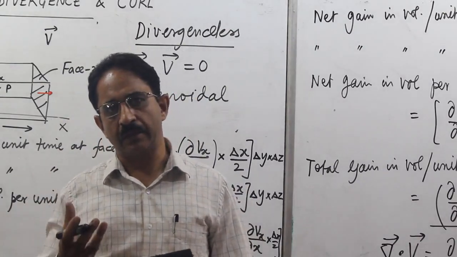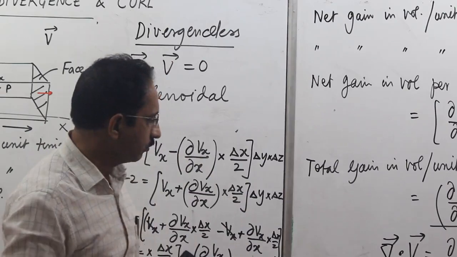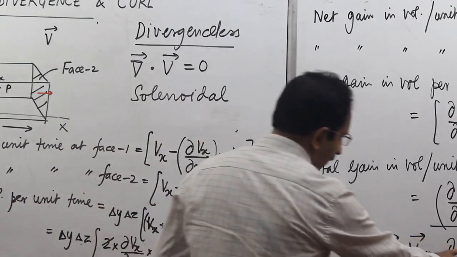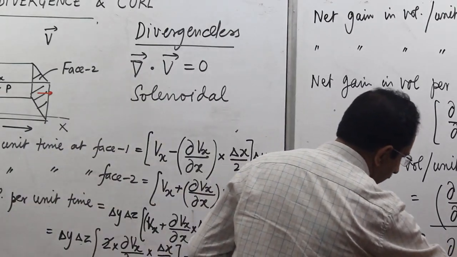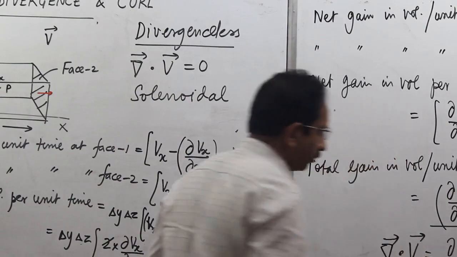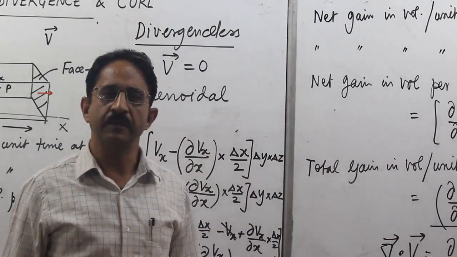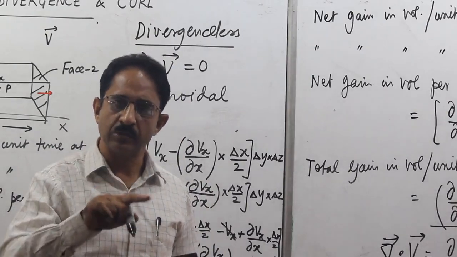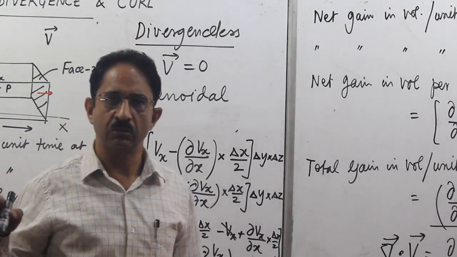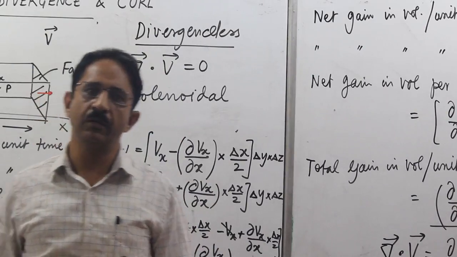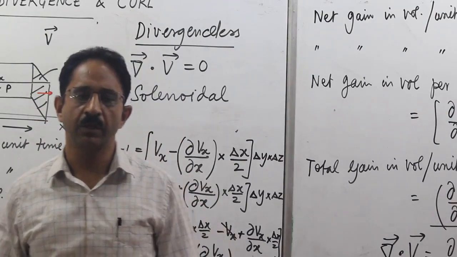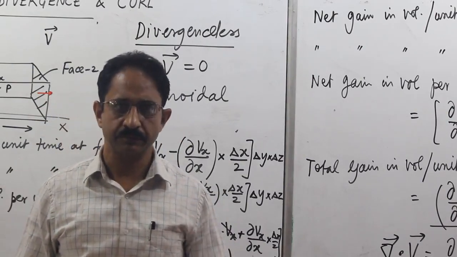If you are given a vector, differentiate its components: x component with x, y component with y, z component with z, add the 3, that gives you the answer. Your answer will always be a scalar, which will be either positive or negative or 0. Some problems will appear at the end of this lecture, which you can solve for understanding this concept further.